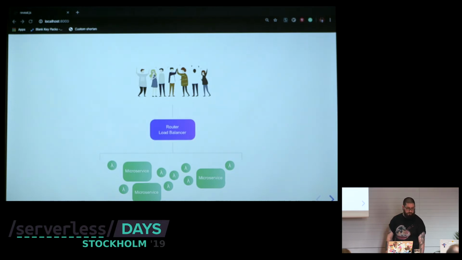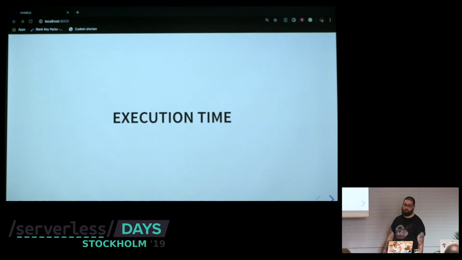But there are other considerations as well when you think about or start going serverless. For example, execution time. I was at a conference a couple of years ago and did a talk on Azure Functions.